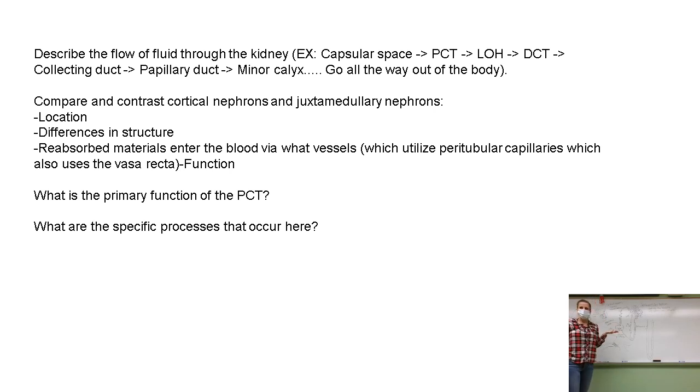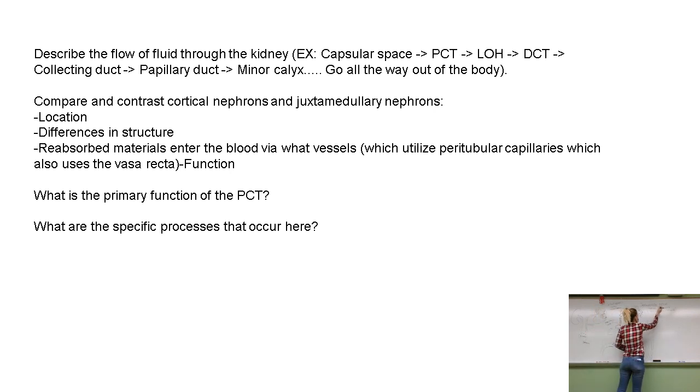Where does the fluid end up? Well, same place it started. Back in the blood, right where it came from. It came from the blood, and now we're going to reabsorb it, and we'll talk about the vessels in a second, but it goes back into the bloodstream.